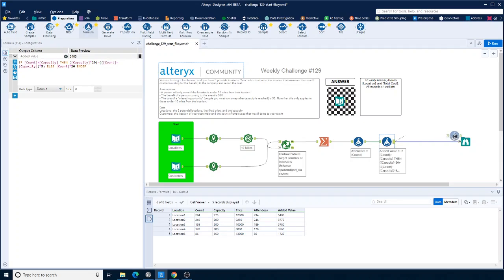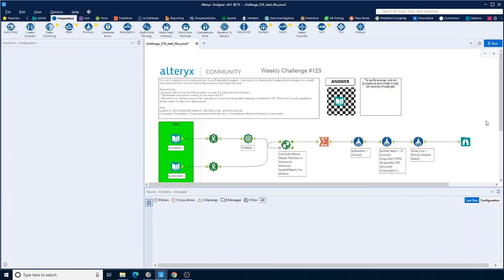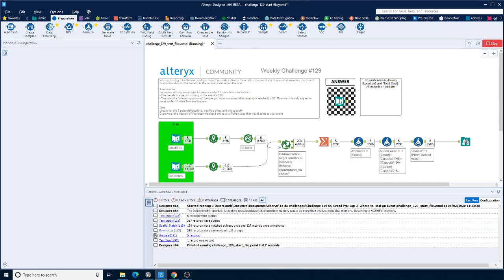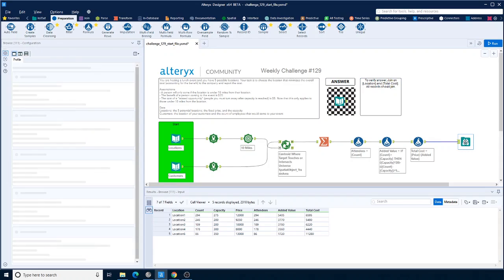Okay, so that should be one minus the other. Simply, it's the price minus the added value. Yep. Okay, we'll make that a double, and then run that. Okay, that looks like it matches nicely.